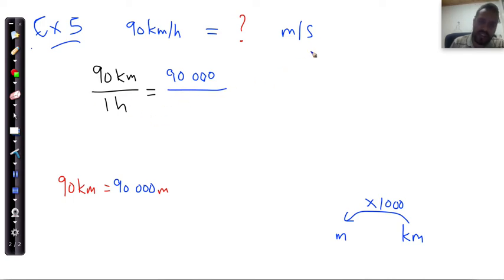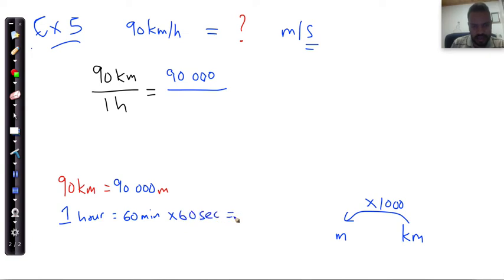But my target for hours is going to go all the way to seconds, right? So I can then say that 1 hour is equal to 60 minutes. Okay, but I want seconds, so I have to multiply each minute by 60 seconds.